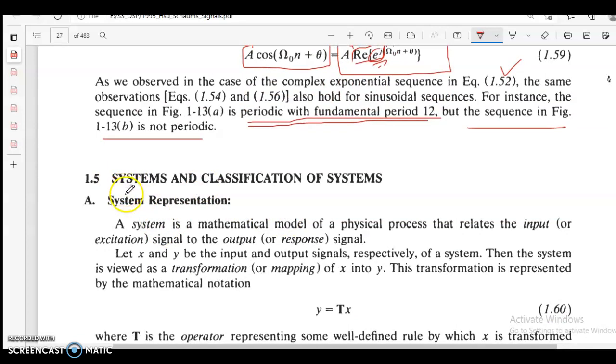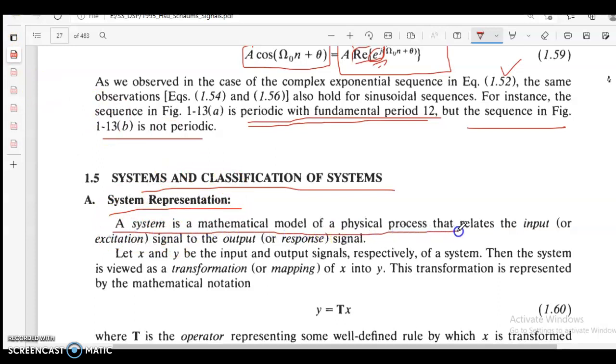Systems and classification of systems. Systems representation. A system is a mathematical model of a physical process that relates the input or excitation signal to the output or response signal.